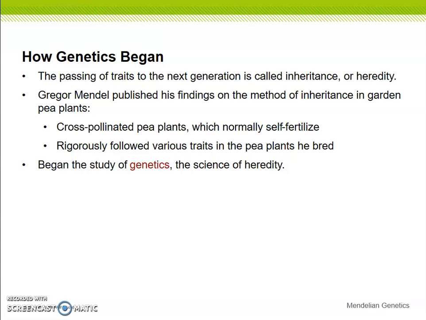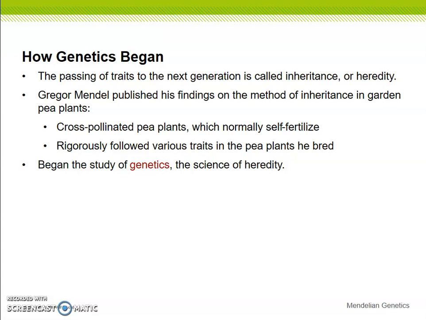One of the traits that he studied was plant height. If he crossed a tall plant with a short plant, they did not make a medium plant. It was either tall or short. There was no in between, which made his research much easier, even though it was still very complicated.